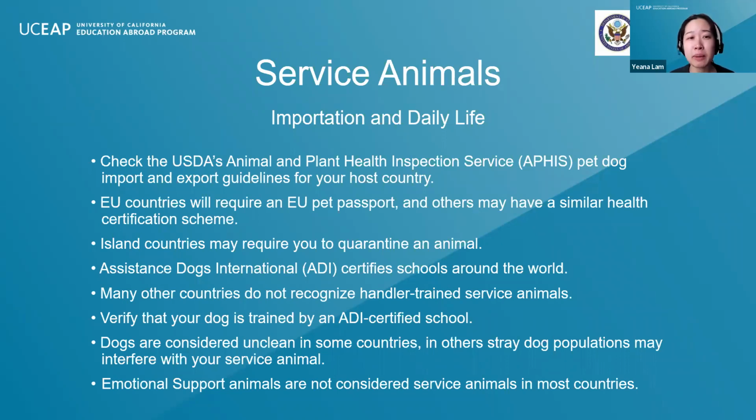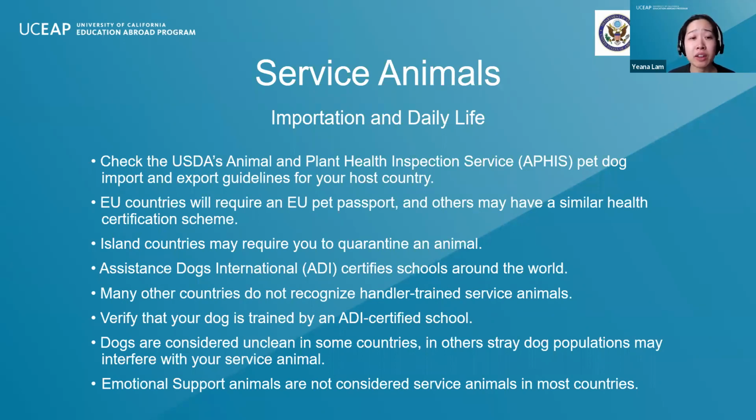For example, for the European Union countries, they require either an EU pet passport or an EU health certificate. Other countries often have other health certification that needs to be presented. Some island countries like New Zealand may require you to quarantine an animal upon arrival. And there's so much more on the website that you can search and peruse.